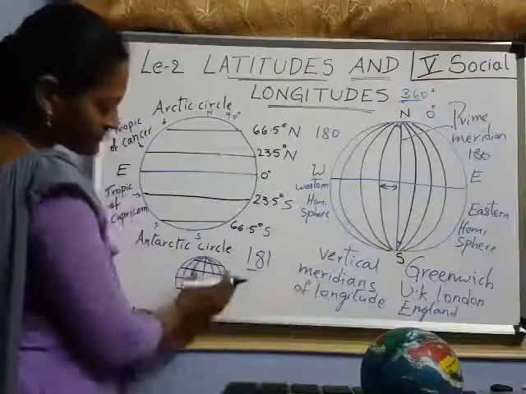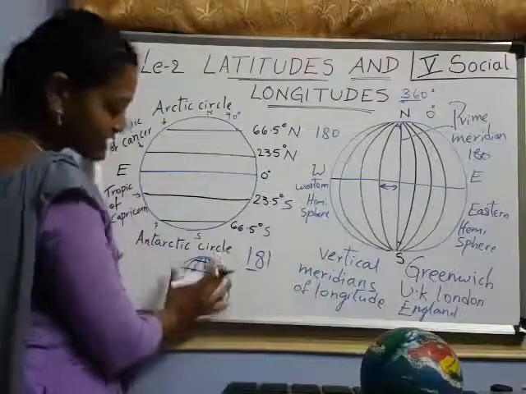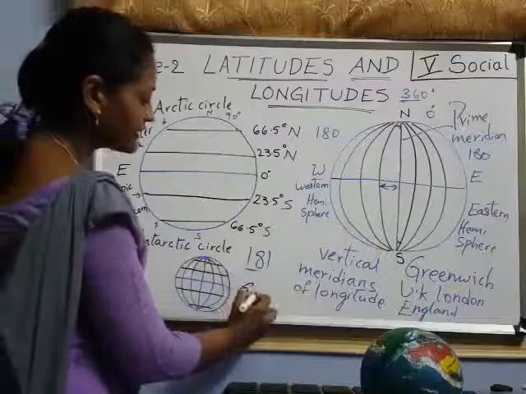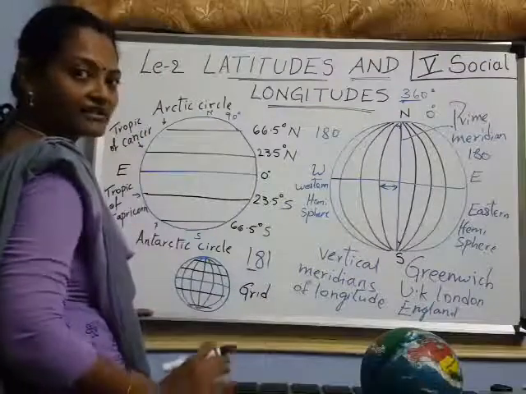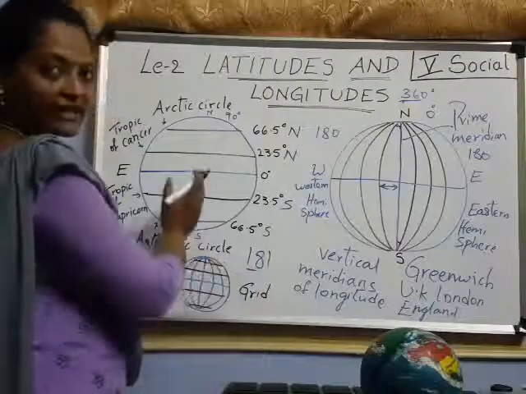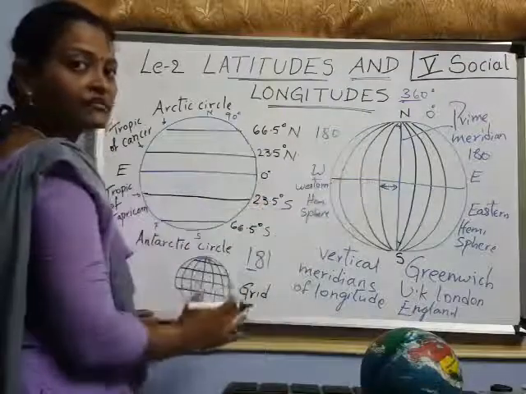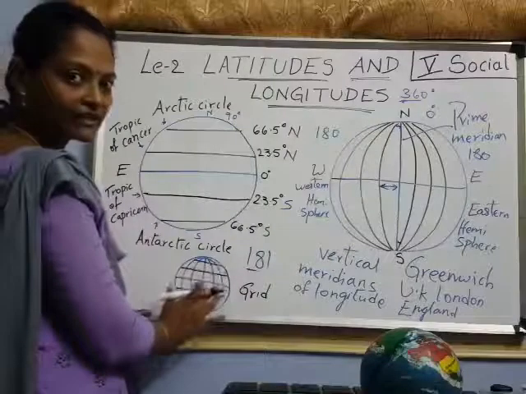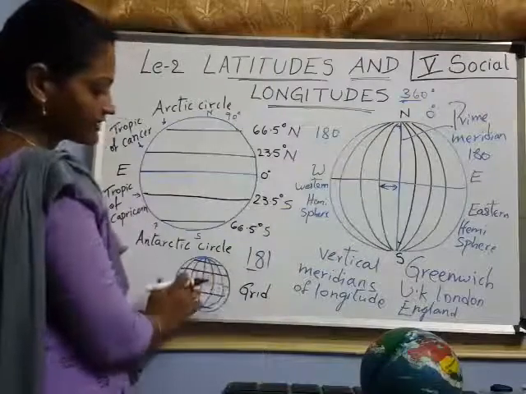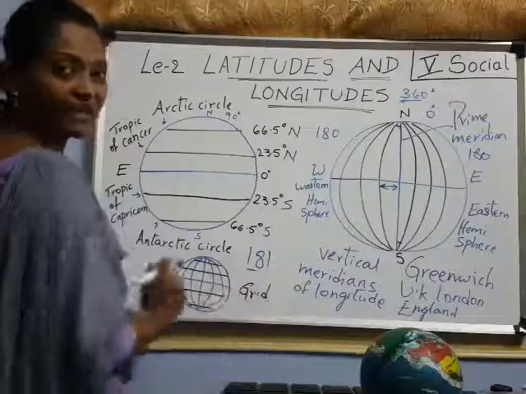Now they form like a network, right? This network we call a grid. Remember, very important point. What is a grid? Both latitudes and longitudes together form a grid. It is a network of latitudes and longitudes.